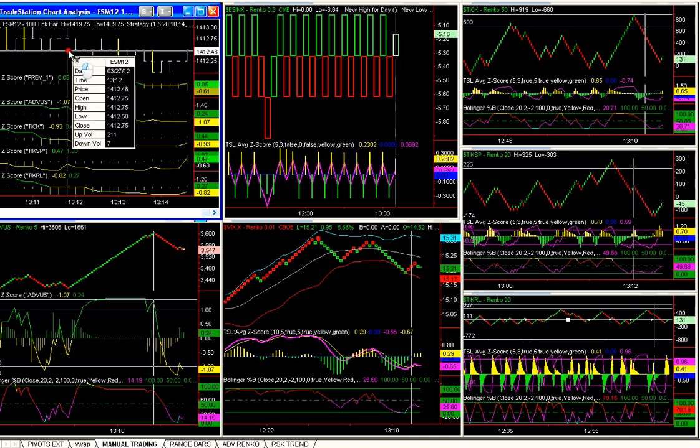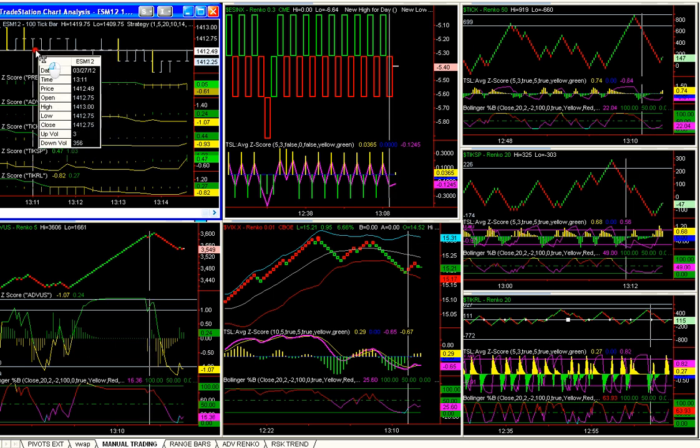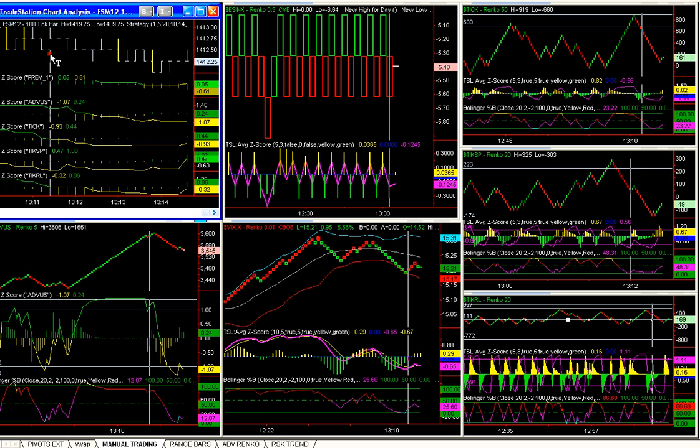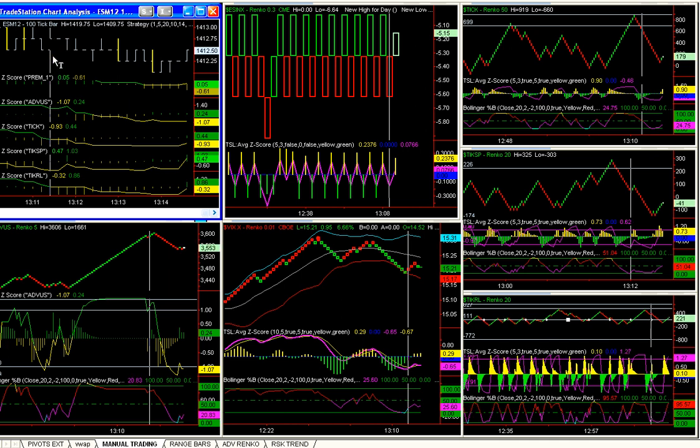And your indicators were all going south. Shorting it there with a stop at 13.25, or pardon me, at 13.5 would make some good sense.